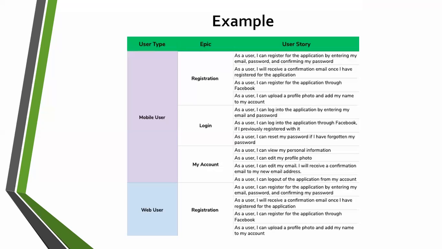Still, it is in the steady phase itself. Till now, we got 5 epics, and we have chunked down into about 10 user stories for each. So it all depends upon the project itself. There is no clear exact definition that for one project this many epics and this many user stories should be there. It all depends upon the complexity of the project itself.